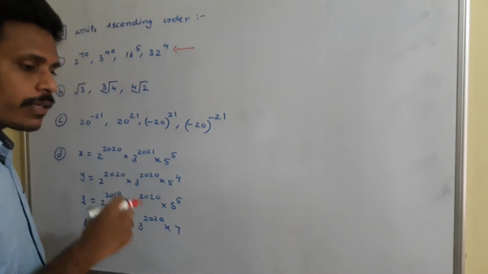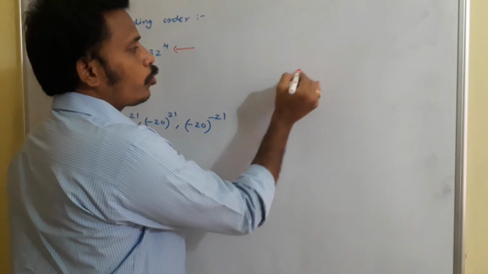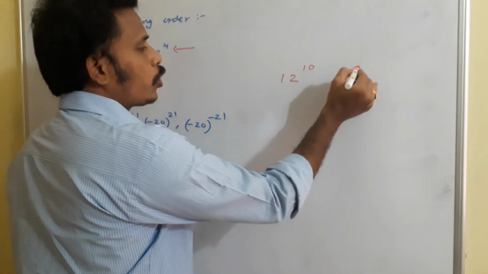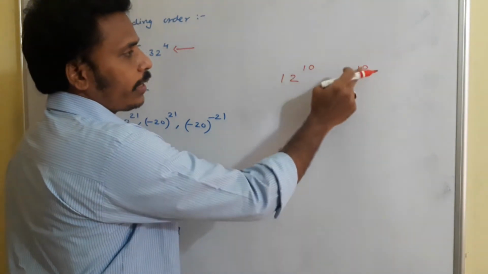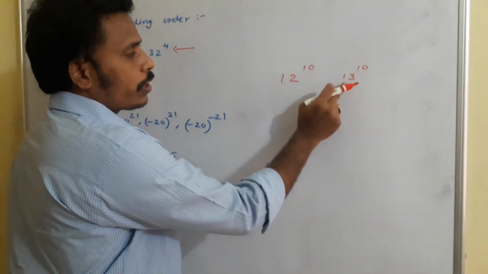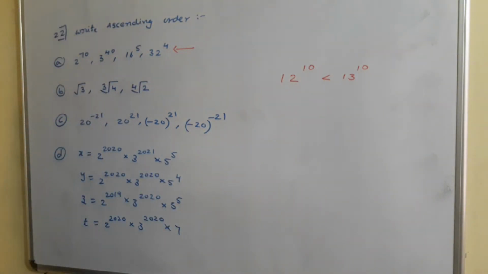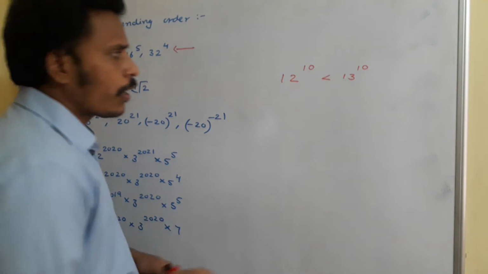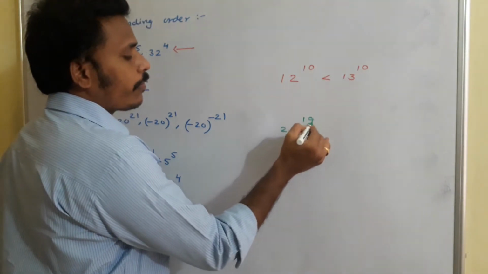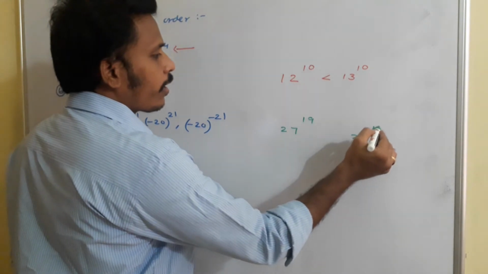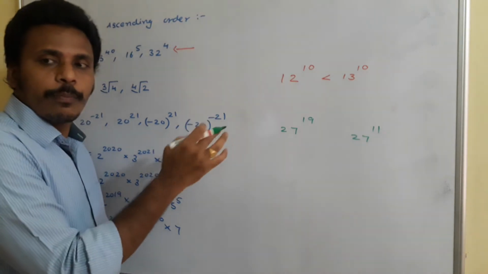See, if the powers are same, for suppose I have 12 to the power 10 and 13 to the power 10. Since the powers are same, 12 is the lesser value, 13 is the greater value, so we use the less than symbol between them. In the same way, if bases are same, for suppose I have 27 power 19 and 27 power 11, you just compare the powers.